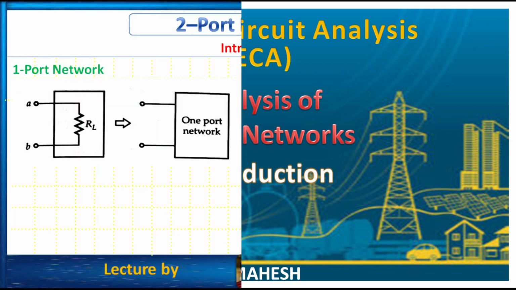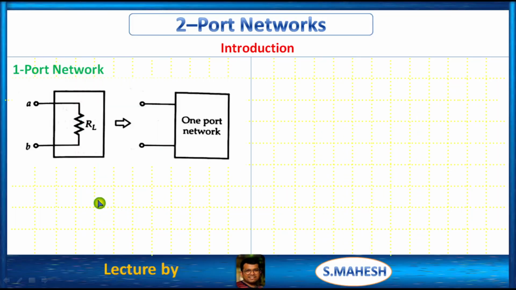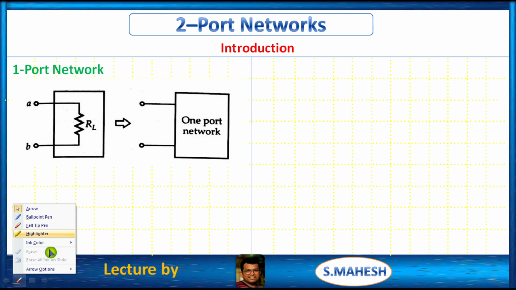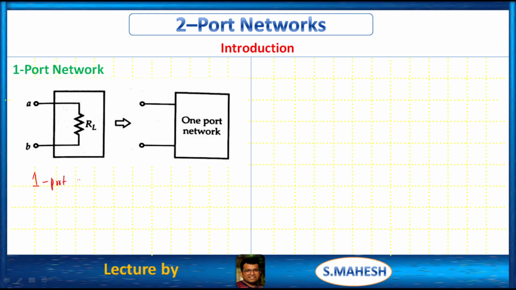Before the discussion of two-port network, first we have to discuss what is this one-port network. One port means what? Port means what? This is the port, which gives the information or takes the information. So one port equals one pair of terminals.